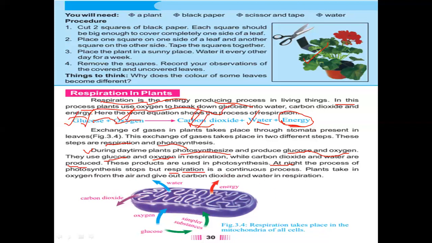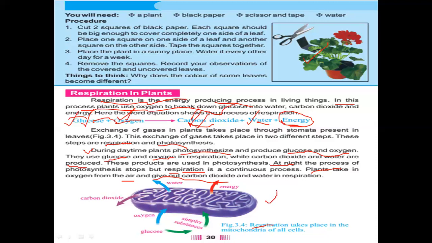So respiration is a continuous process. Plants take in oxygen from the air and give out carbon dioxide and water in respiration at night time. Okay, one very important point: where does respiration take place?